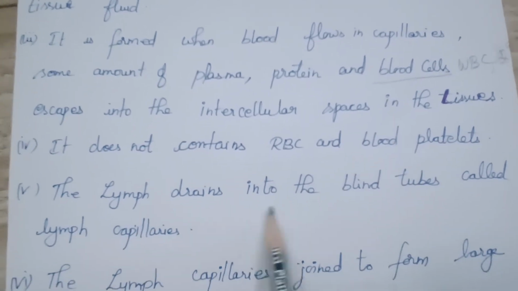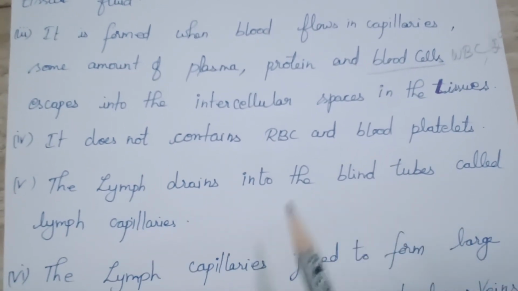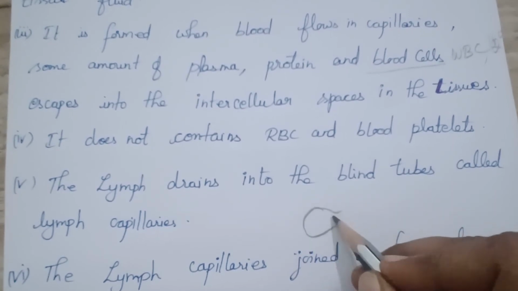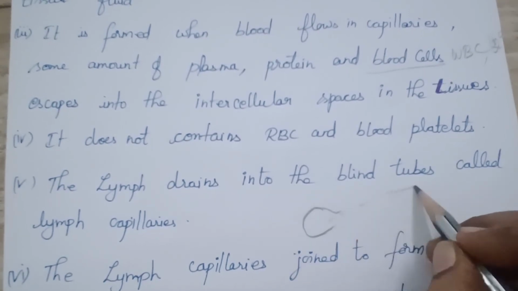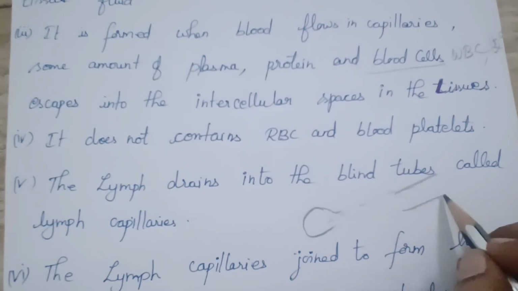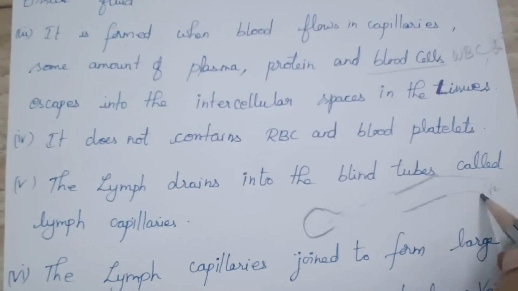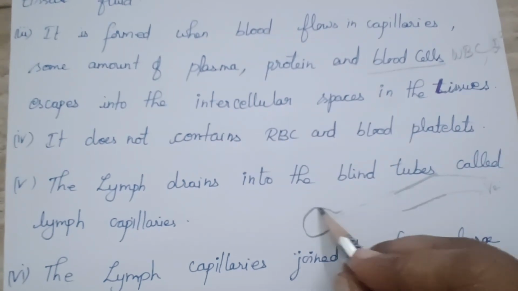Okay, the lymph drains into the blind tubes. Why is it called blind tubes? I said one of the ends is closed and all the capillaries join together to form a big vessel, the lymph vessel, and it is drained to the veins, right? Here it is open to the vein, here it is closed.